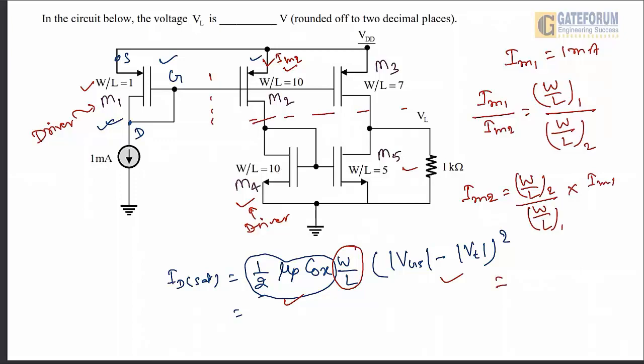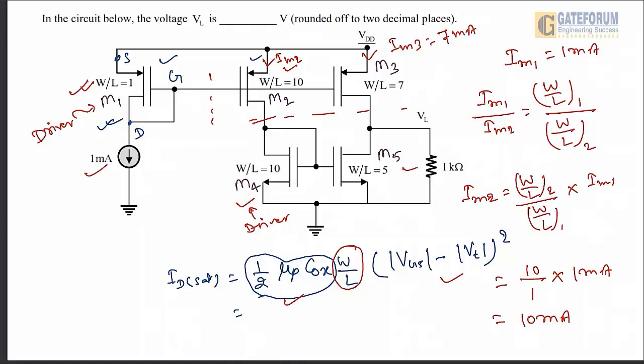W by L for M2 is 10 and for M1 is 1, and IM1 is 1 milliampere. So we get IM2 as 10 milliampere. Similarly, with the same concept, taking the ratio of IM1 by IM3 for M3, we get IM3 as 7 milliampere.